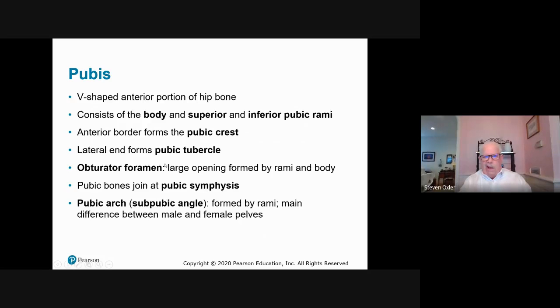Through this opening, you'll learn in the nervous system, when we get to it next, is where the sciatic nerve goes through. The largest opening in the body. You know I'm going to ask you a question on the obturator foramen. It is part of the pubic bone.